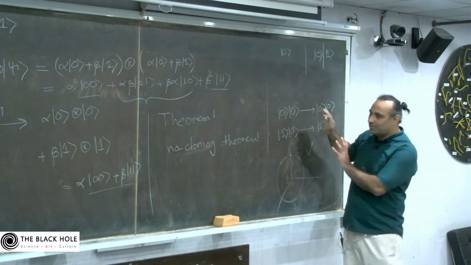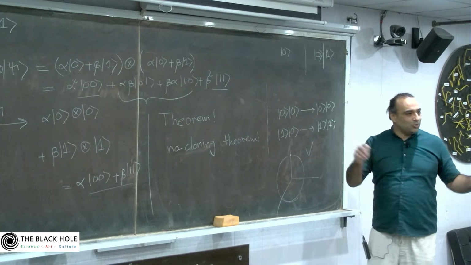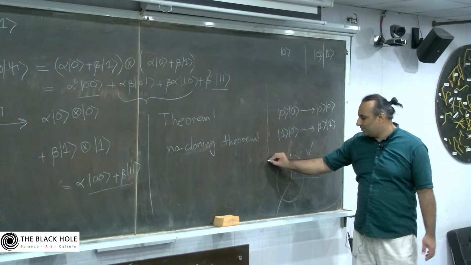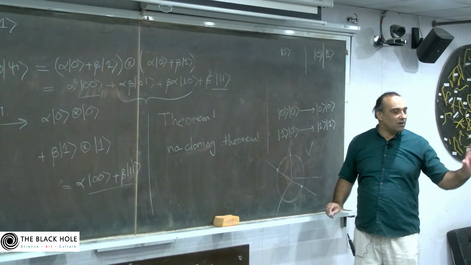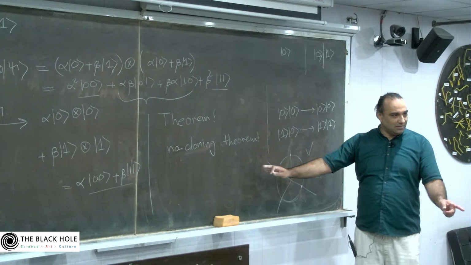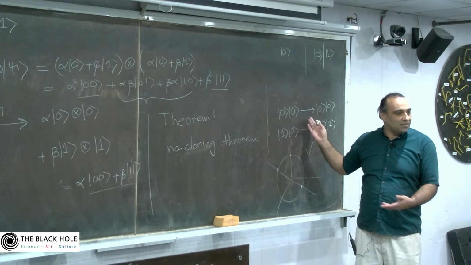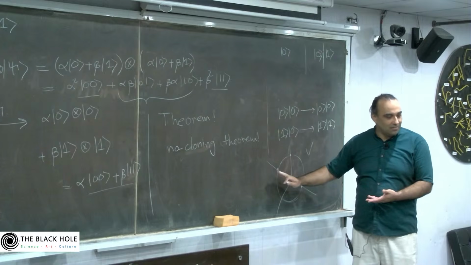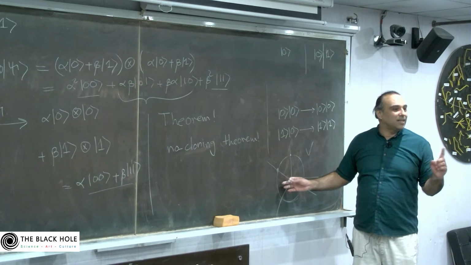Now you can use this information, apply it on a superposition state. For superposition state, again, suppose you choose this direction, then this and this are your two states, and if someone knows this direction, then they can perform measurement on this, the state doesn't change, because it's an eigenstate for this axis, so then they can copy.